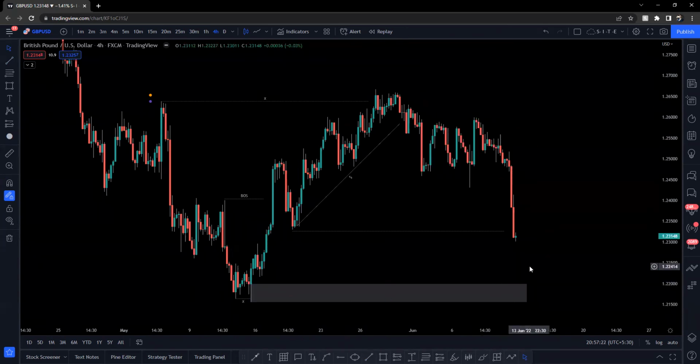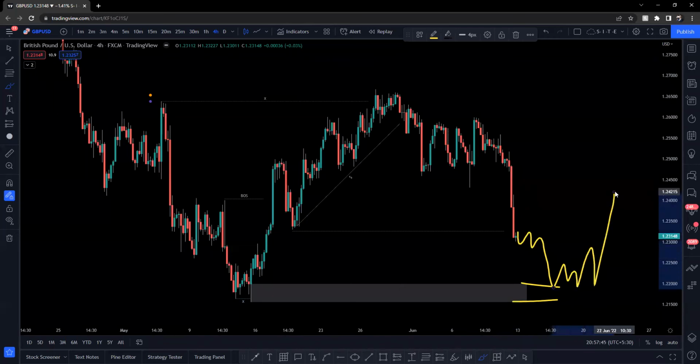When market sweeps the liquidity on the upside and downside, then those zones become stronger. In this case, the liquidity of the previous low has been taken out here, so this demand becomes stronger. Once price taps this zone here, we can see some buying reaction to the upside.